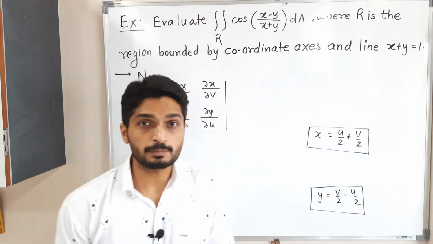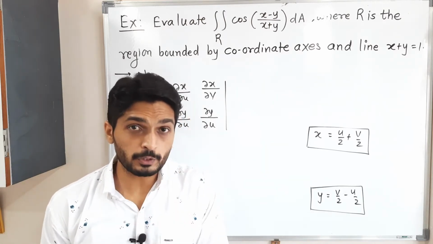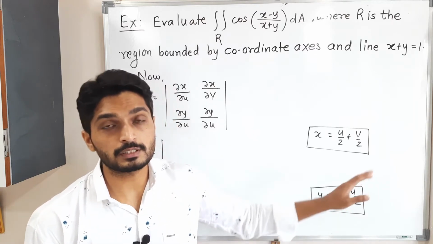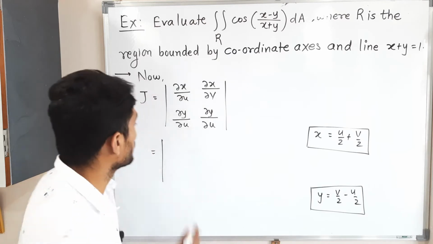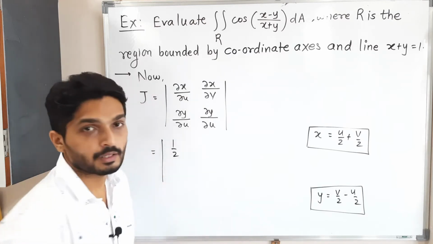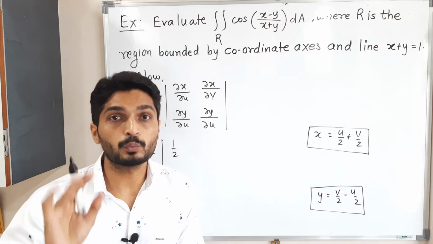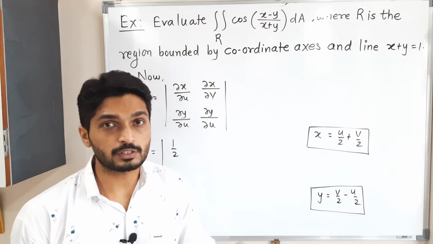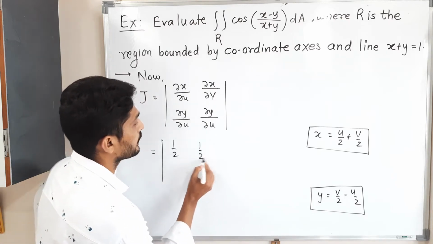Derivative of x with respect to u. When we find the derivative of x with respect to u, v is constant. So the derivative of v by 2 will be 0 and the derivative of u by 2 is 1 by 2. Now the derivative of x, same term, but with respect to v. In that case, u is constant, the derivative of u by 2 is 0 and the derivative of v by 2 is 1 by 2 again.